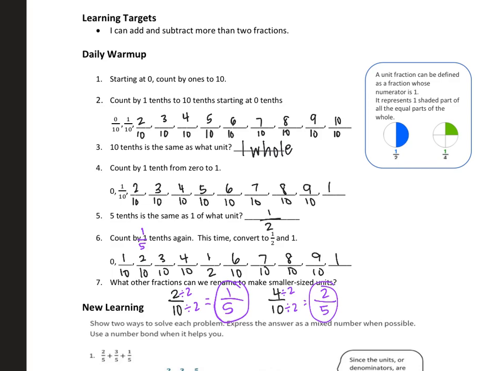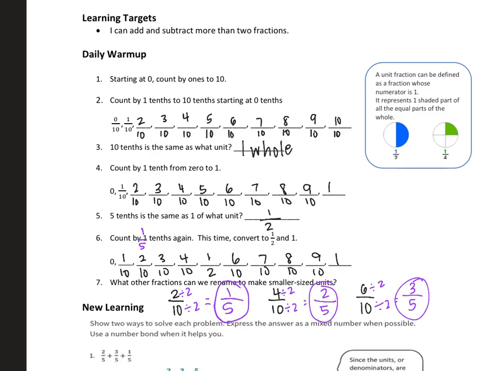Next, I notice 6/10. Again, what can those two numbers be divided by evenly? They can both be divided by 2. And 6 divided by 2 is 3. And 10 divided by 2 is 5. Okay, so I have 3/5.